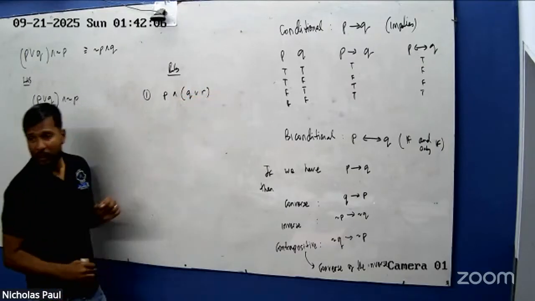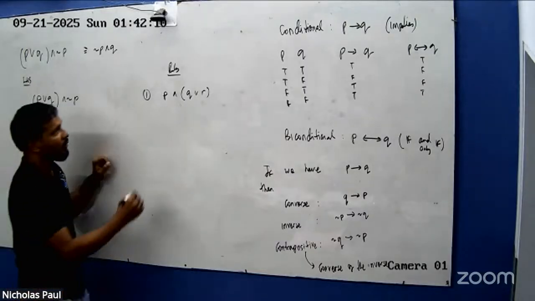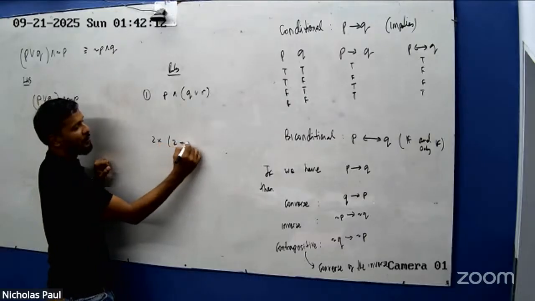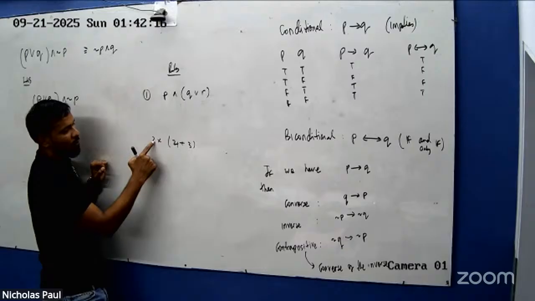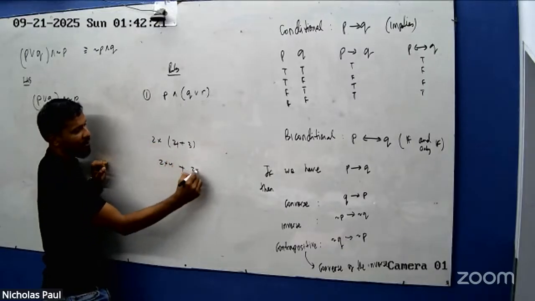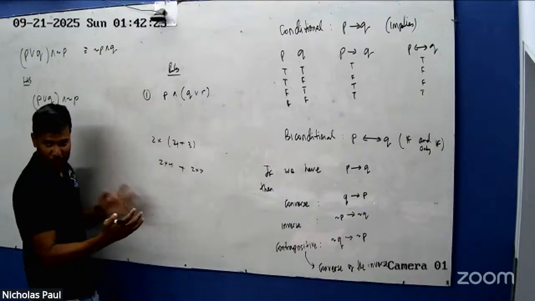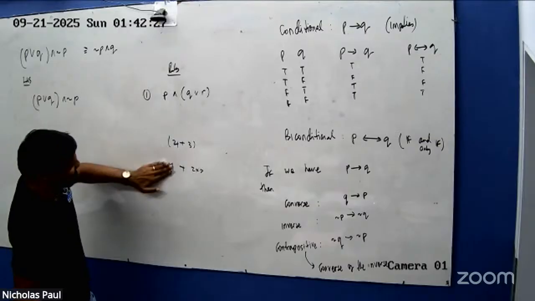So I want you in your mind just to envision multiplying something out. If I give you 2 multiplied by 4 plus 3, what will you do? 2 by 4 plus 2 by 3, and you'll normally do that. So we're going to do the same thing here.